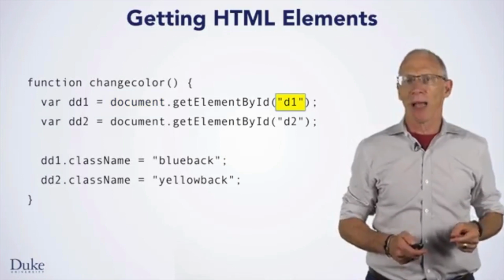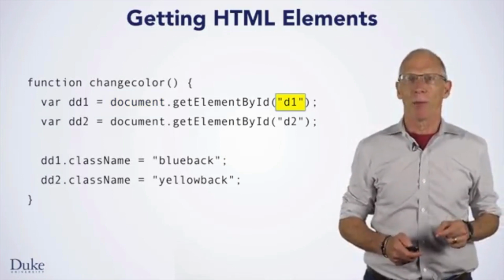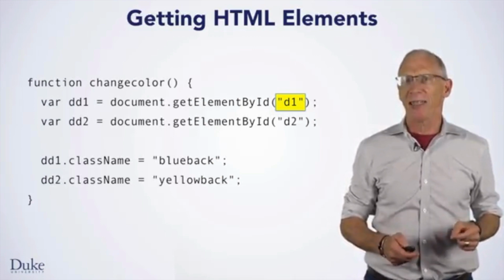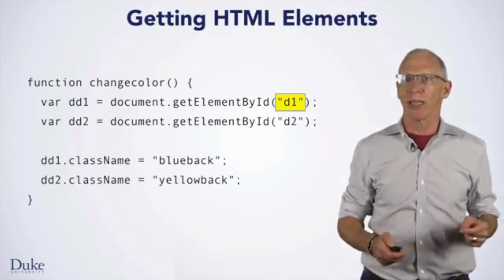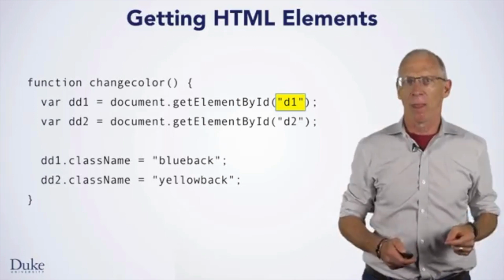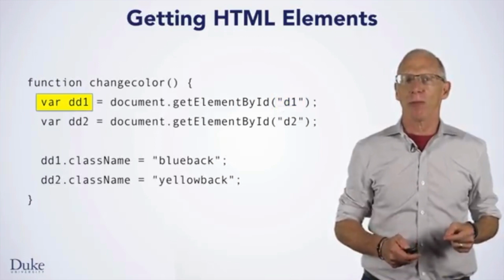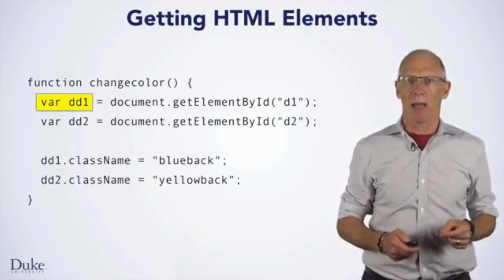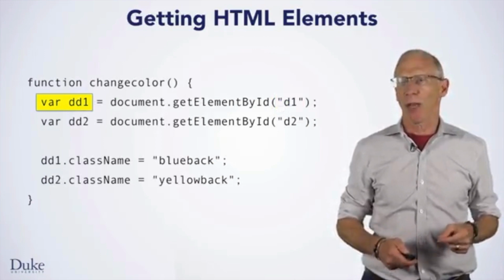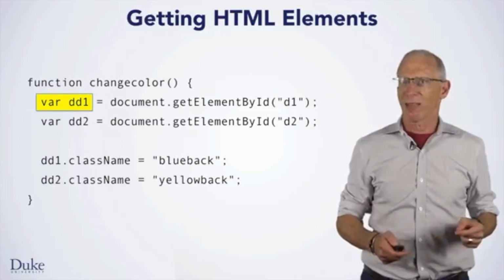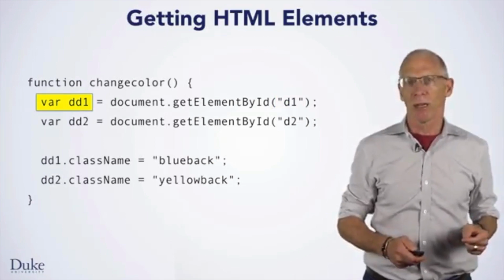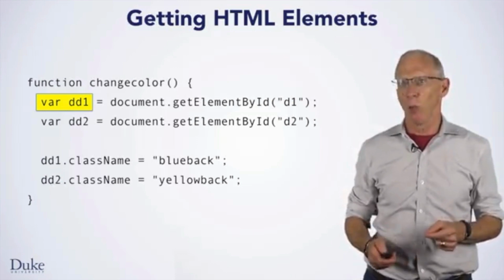The getElementById method has one parameter. Here it's D1, the ID label associated with a particular HTML element. The getElementById method returns this HTML element with the ID label that was passed as a parameter. That's the div element with the word hello, because the associated ID label is D1.